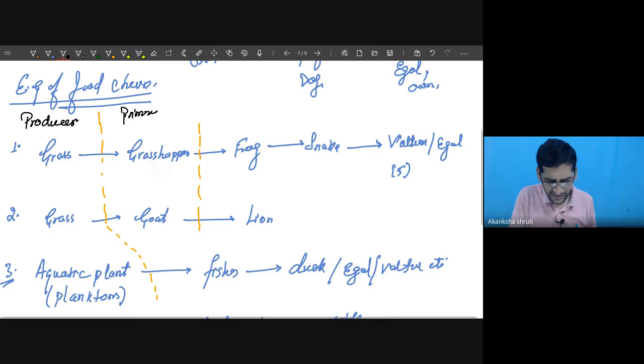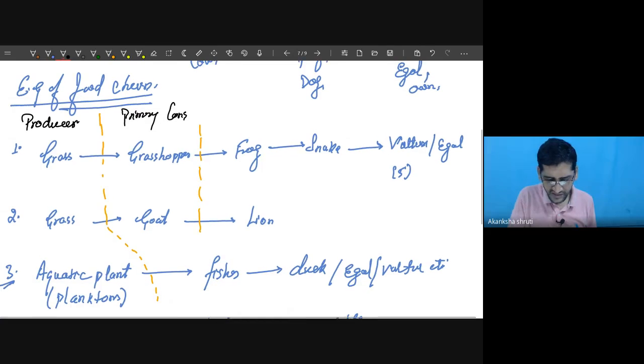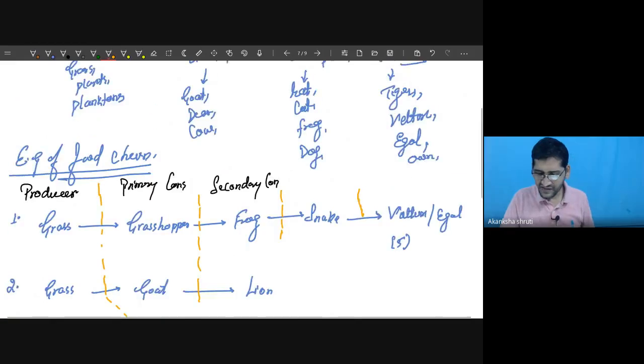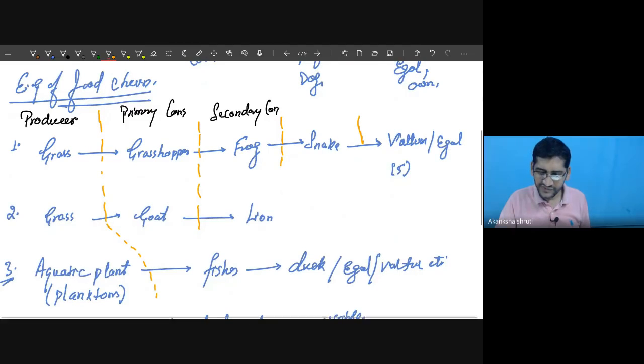If we are considering the frog, then this frog is the secondary consumer. The snake and vulture both fall in the tertiary consumer.